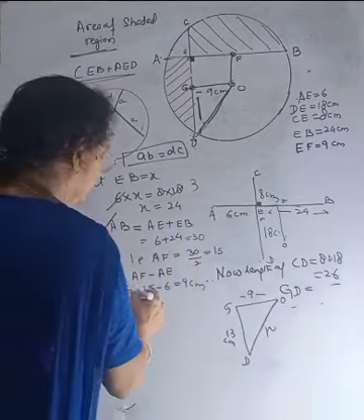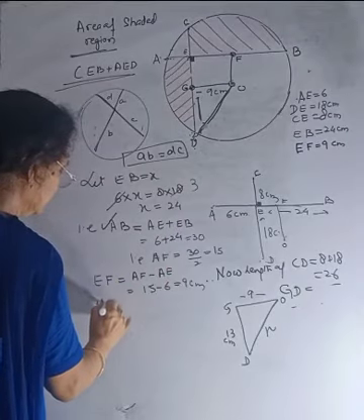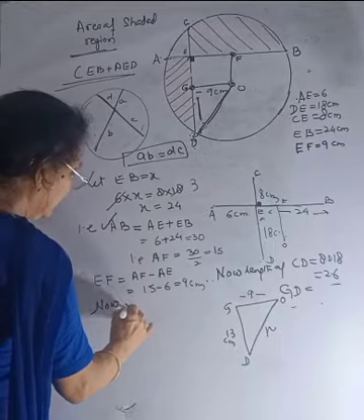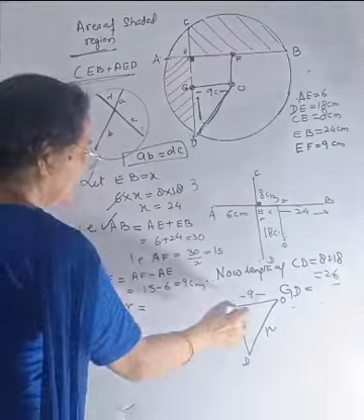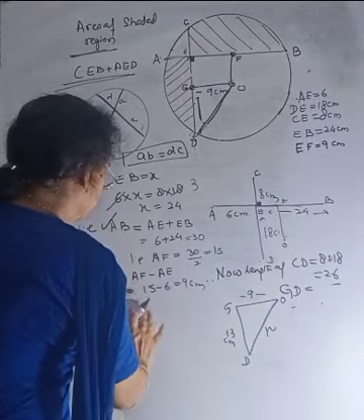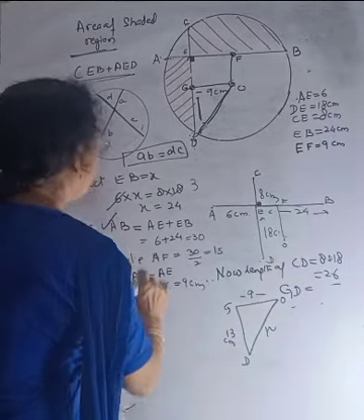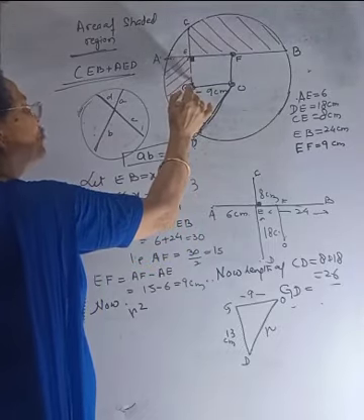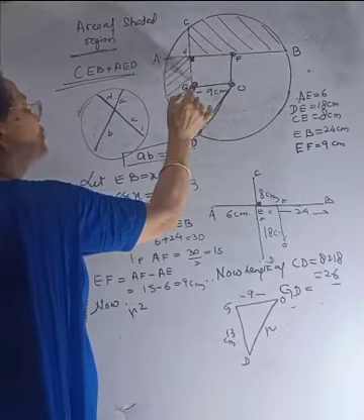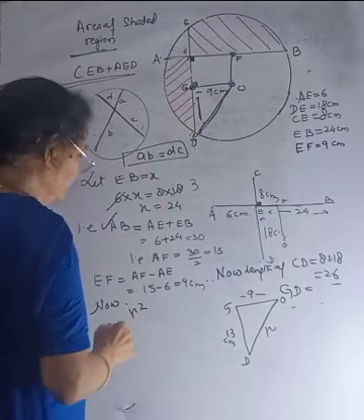Now the square of the radius of the circle: we will apply the Pythagoras theorem in this triangle. This is 90 degrees because we have dropped the perpendicular from center O on chord CD.